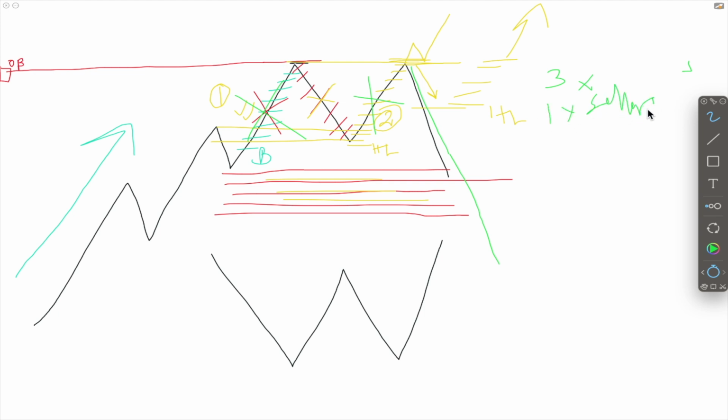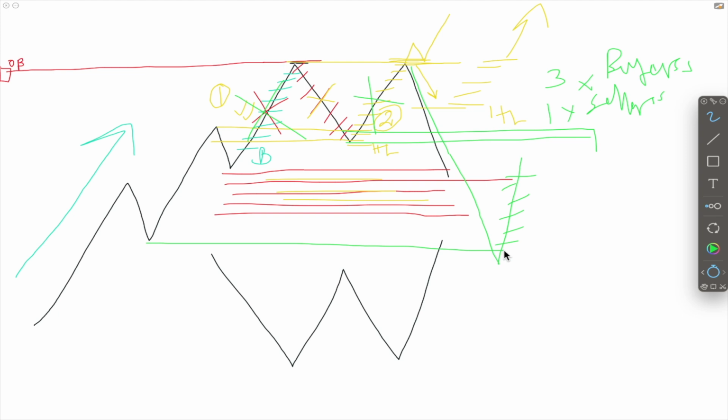All right. So you've got 1 times sellers and 3 times buyers. So this is how the market ends up printing M's and W's. And again, as if that is even enough, when the market pushes up to an ID50 or a retest of the neck, whatever you want to call it, right? Some people will still stick in buy orders there and say, yeah, they are respecting that low there, so let's get in with our buy.